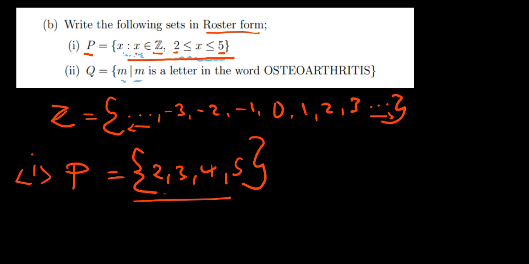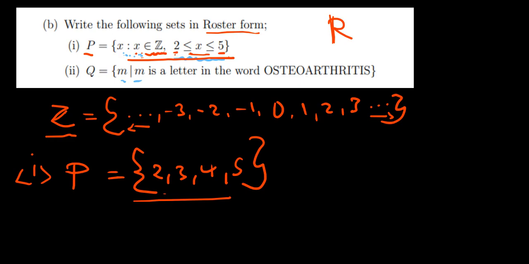We're able to list those elements there because we are considering a set of integers. If we had a set of real numbers here, we couldn't list the elements in this set. But because it's a set of integers, we can list them. If you consider the set of real numbers, it will include the fractions, so the numbers between 2 and 5 will be endless.